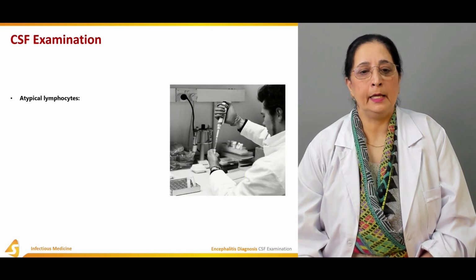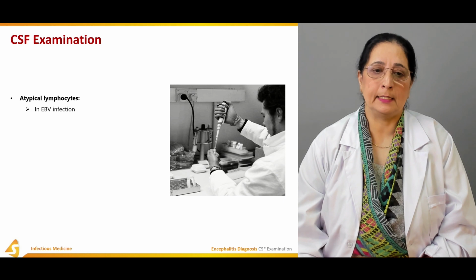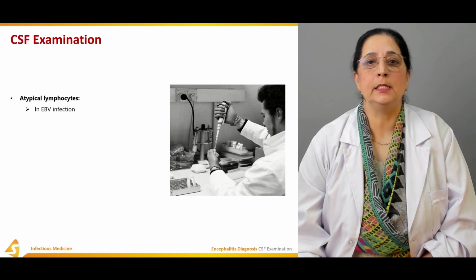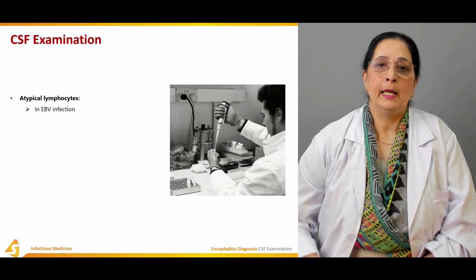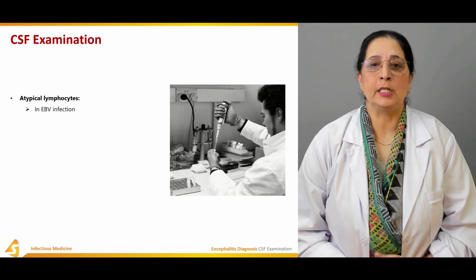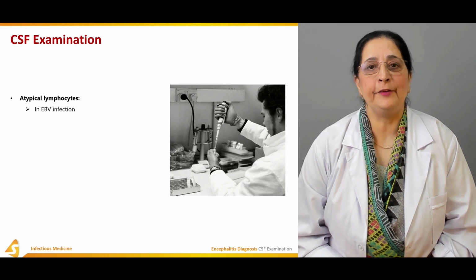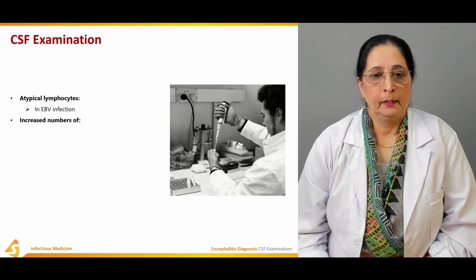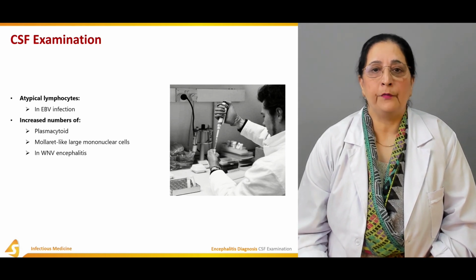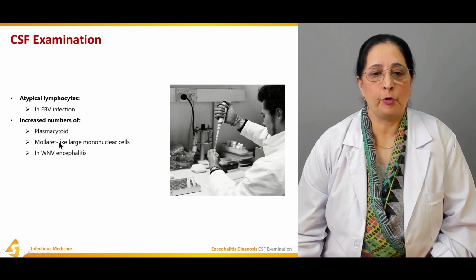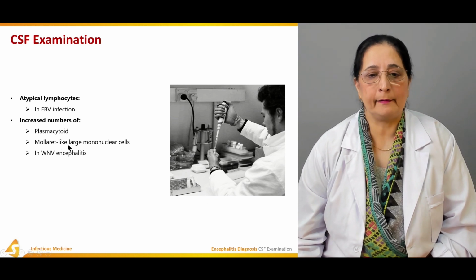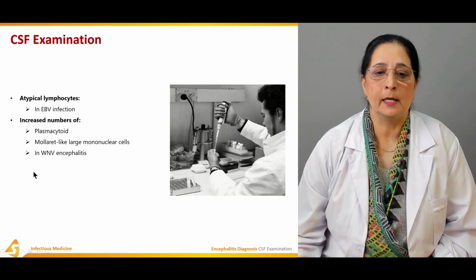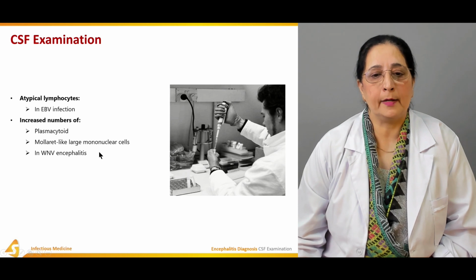Next, the atypical lymphocytes. Atypical lymphocytes are present in Epstein-Barr virus infection. Atypical lymphocytosis is a typical feature of Epstein-Barr virus infection. Increased numbers of plasmacytoid, mollaret-like large mononuclear cells are present in West Nile virus encephalitis.